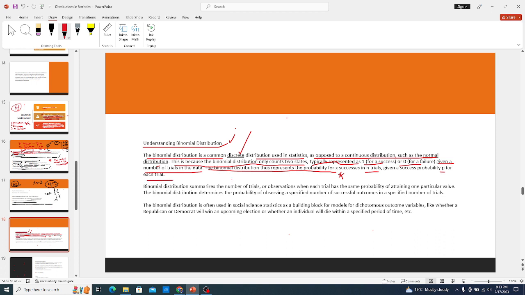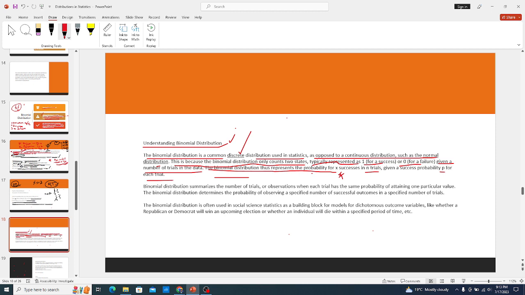So binomial probability is the probability for X successes, maybe 6 successes out of 10 trials, 4 successes out of 10 trials, 2 successes out of 10 trials, or 8 successes out of 10 trials.